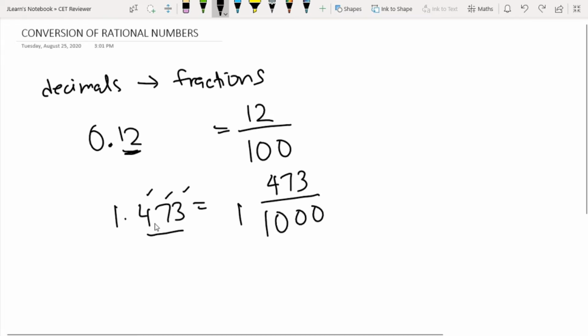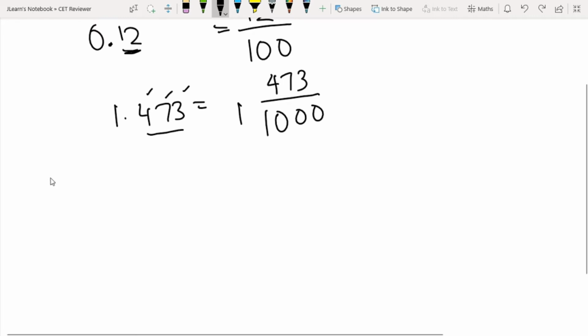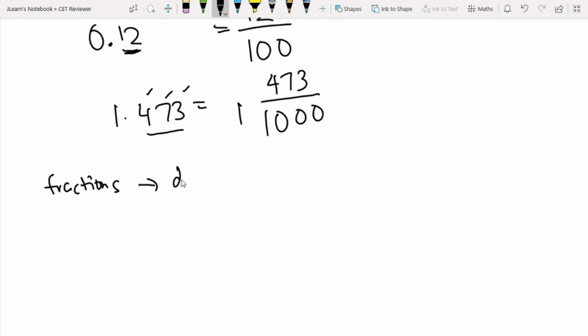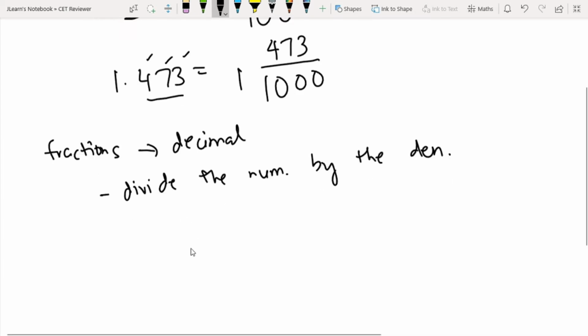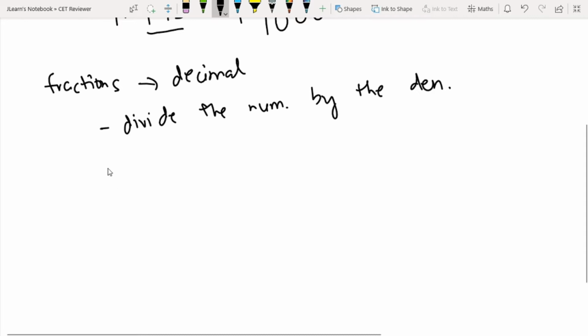So, kung pabaliktad naman, so you have fractions to decimal. Ito naman, instead of doing this, you need to divide. So, divide the numerator by the denominator. So, for example, 3/5.